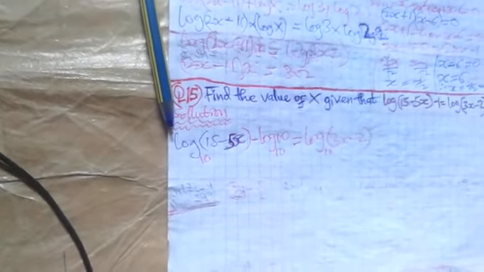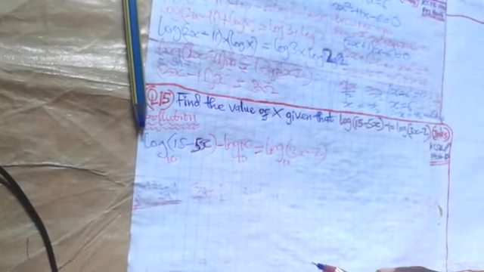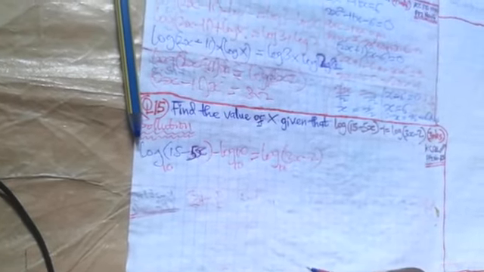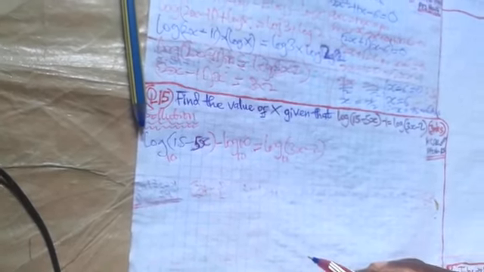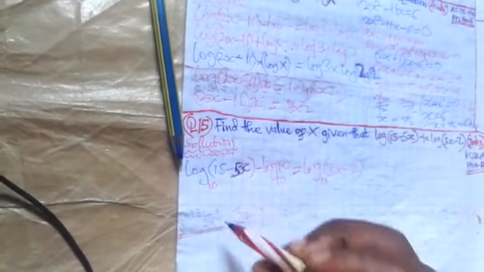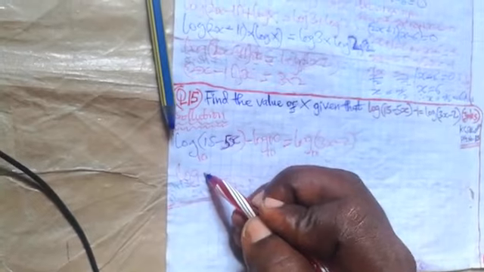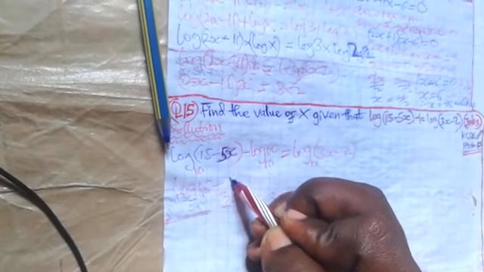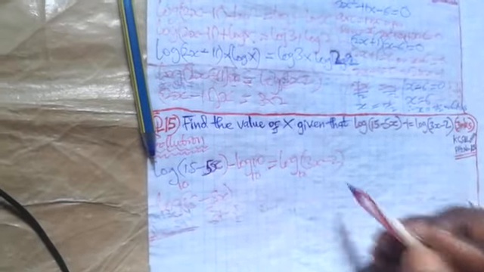For this case we are going to collect like terms here, as we have seen that log of 15 minus 5x and log of 3x minus 2.